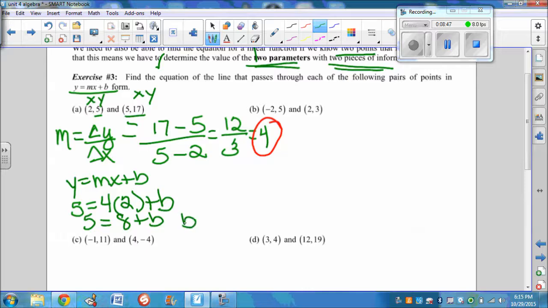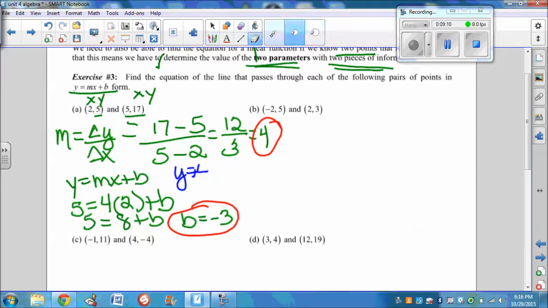If I solve for b, I have to subtract 8 from both sides and get negative 3. Well, there's my second parameter that I need to write the equation. So my equation that would connect the points 2, 5, and 5, 17 would be y equals 4x minus 3.